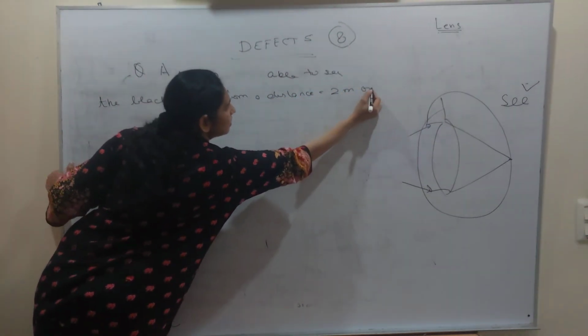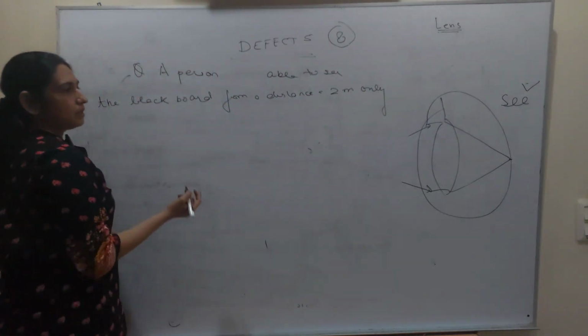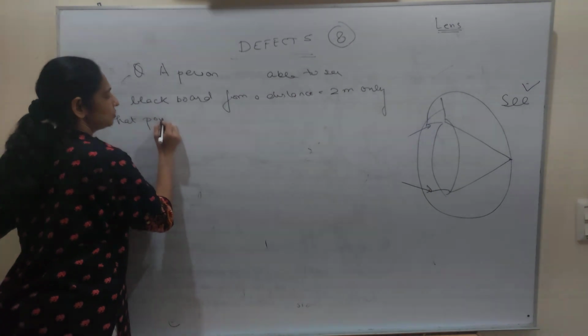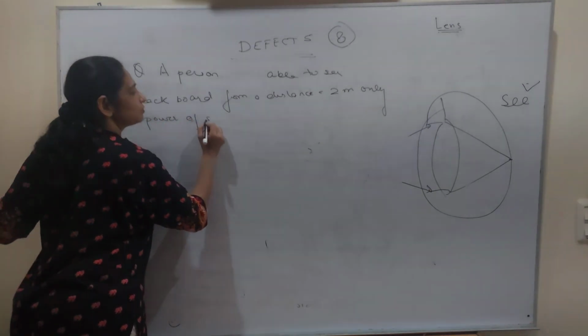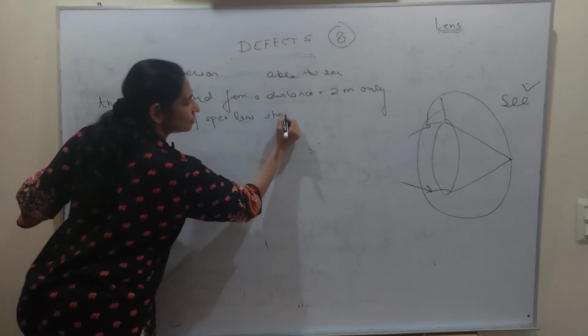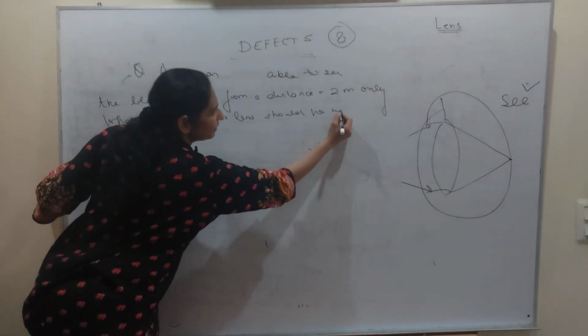He can't see it beyond that. What power of specs lens should he wear?